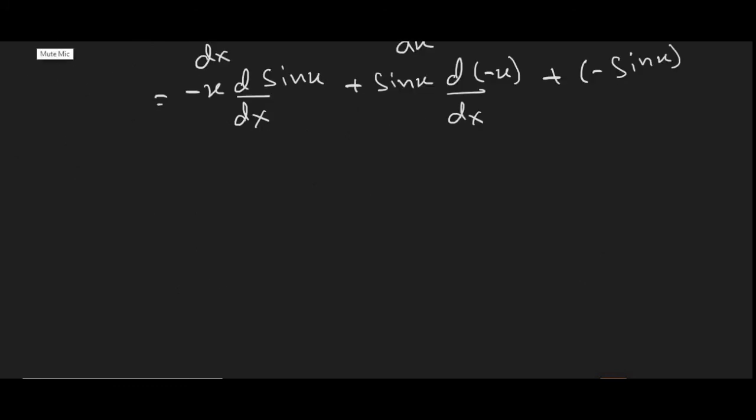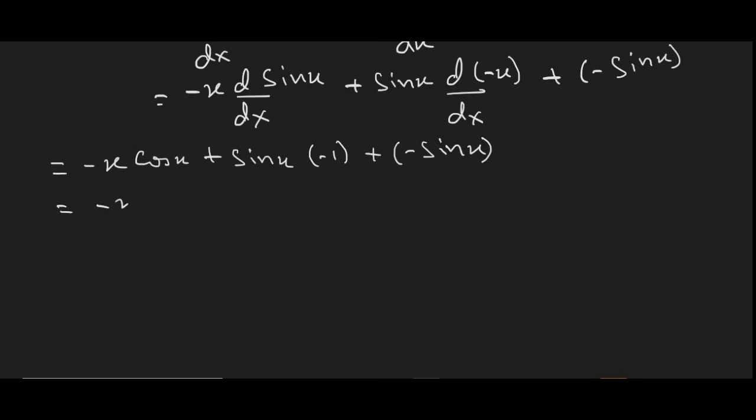Now minus x cos x, because the derivative of sin x is cos x, plus sin x. Derivative of minus x is minus 1, plus minus sin x.